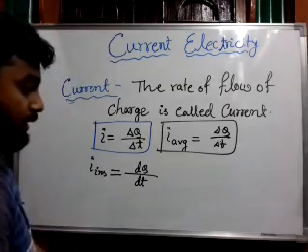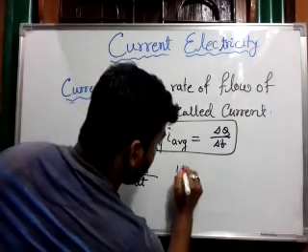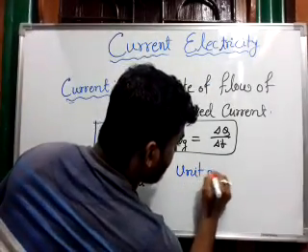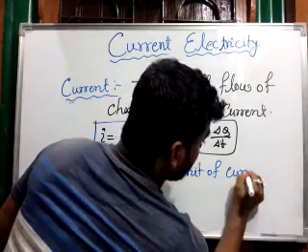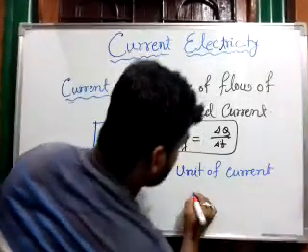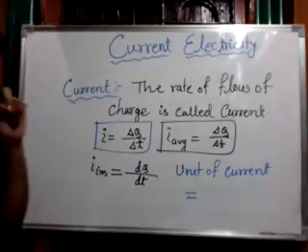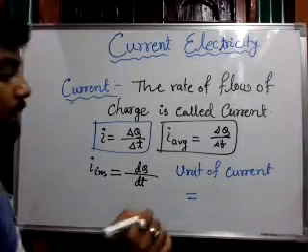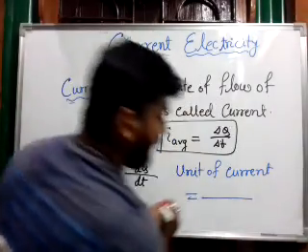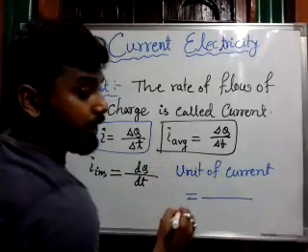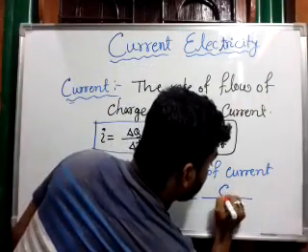Unit of current is equal to charge over time. What is the unit of charge? Charge has the unit of coulomb.